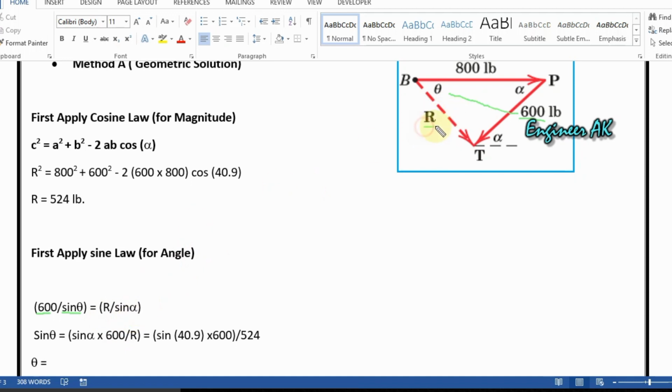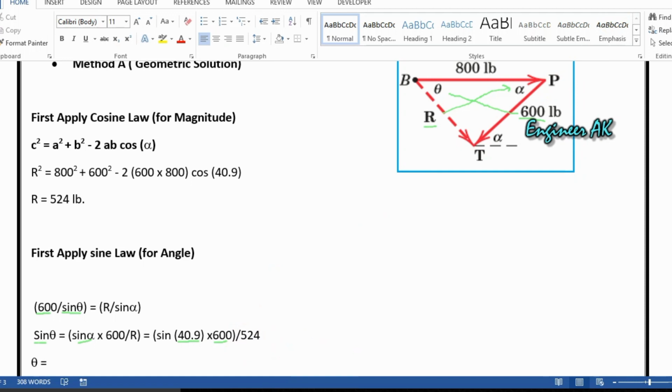If I rearrange this equation, sine theta will be equal to sine alpha multiplied by 600 divided by r. Sine alpha we have already found, that was 40.9, multiplied by 600 divided by the resultant we found, 524 pounds.